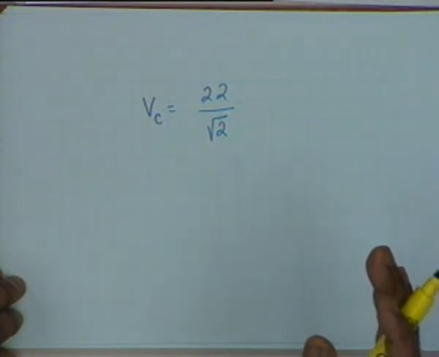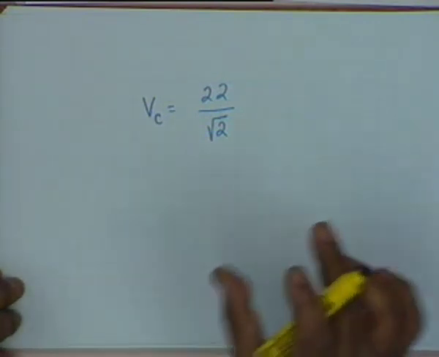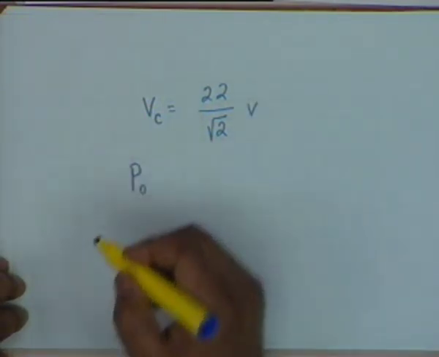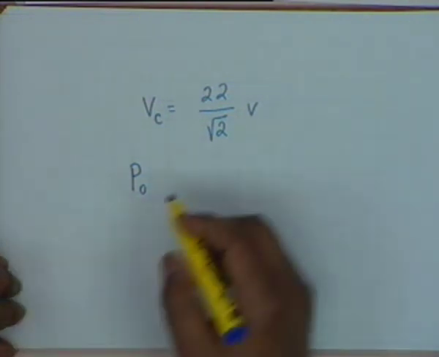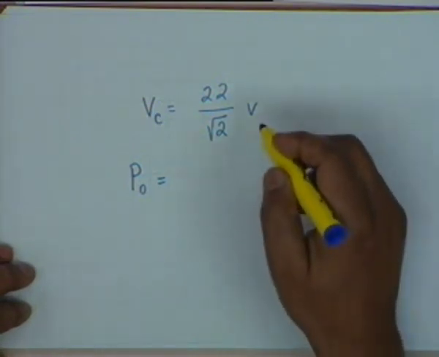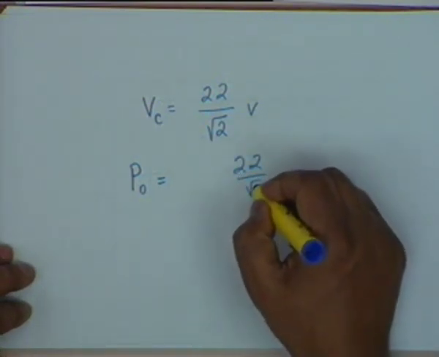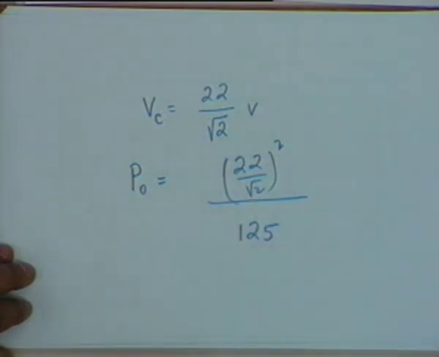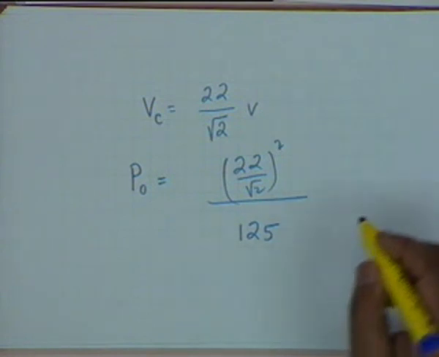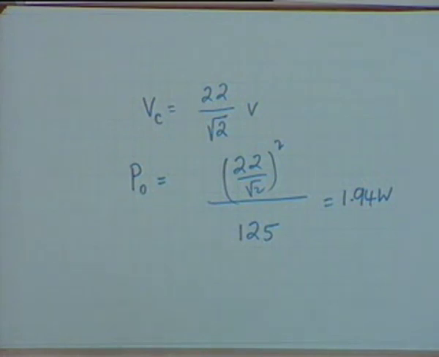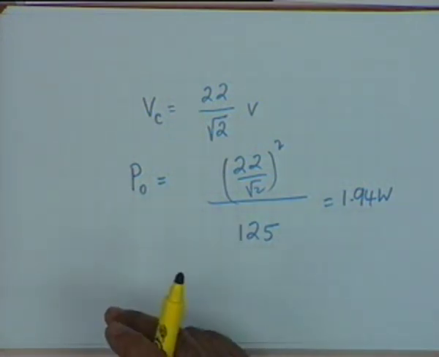Maximum V minus minimum divided by 2 is the peak value divided by root 2 is this, and therefore the output power P0 shall be Vc squared divided by RAC. So 22 by root 2 whole squared divided by RAC, which has already been determined to be 125 ohms, and this calculates out to 1.94 watts. All right, this is the output power.